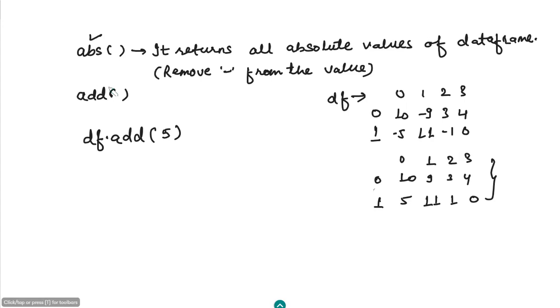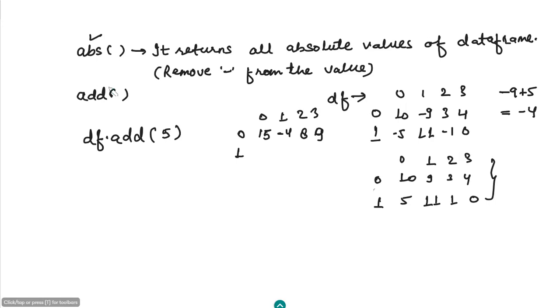Now what will be the output? The output will be, suppose 0, 1, 0, 1, 2, 3. So that value will be added with these values in every column, right? So 10 plus 5 will become 15, minus 9 plus 5 will become minus 4. So the output will be minus 4. And next, 5 plus 3, 8. 4 plus 5 will become 9.